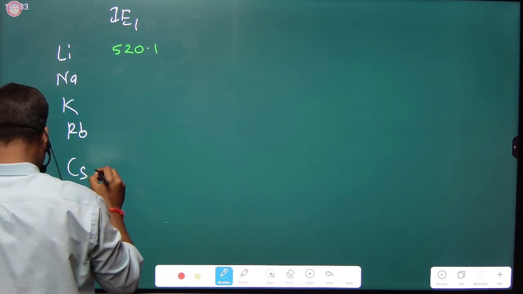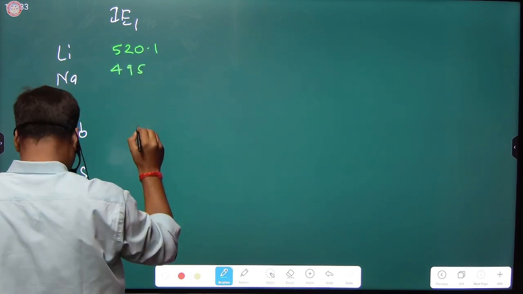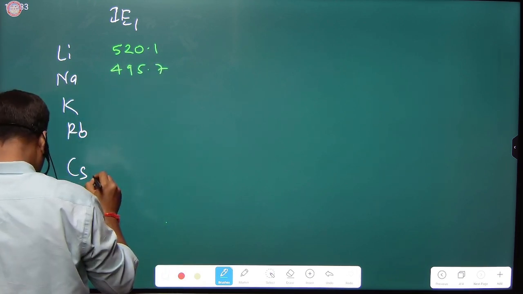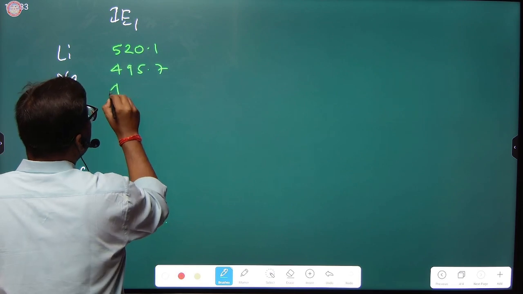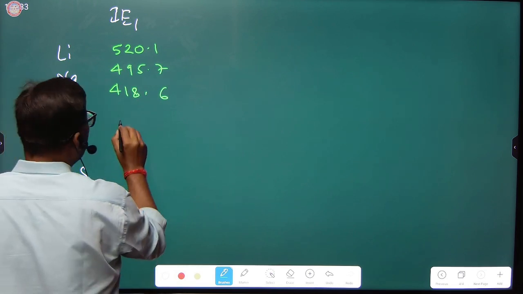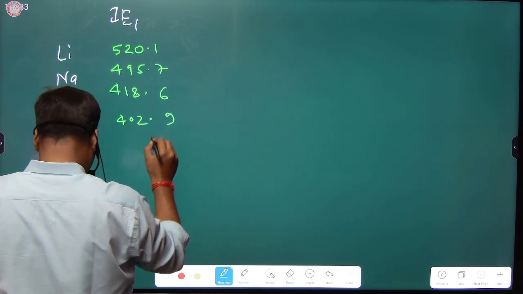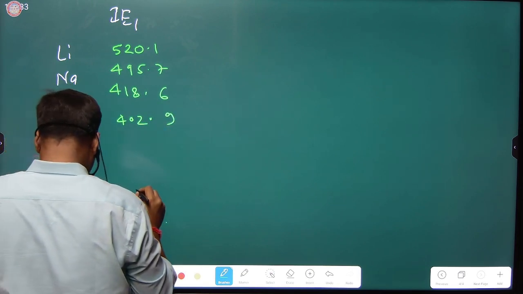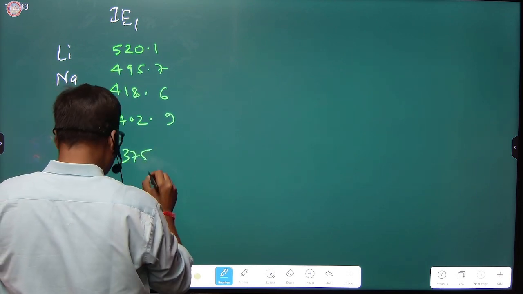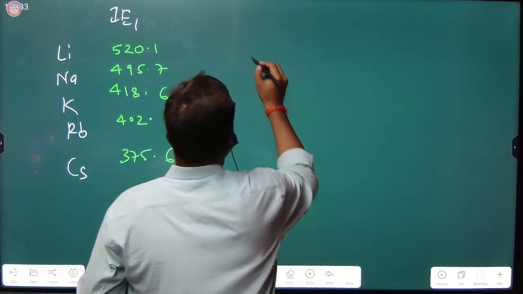In the case of sodium, it is 495.7, then 418.6, 402.9, and 375.6.